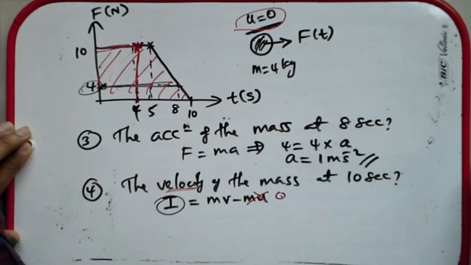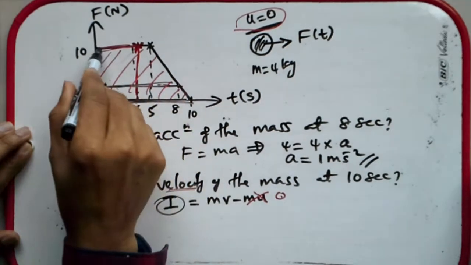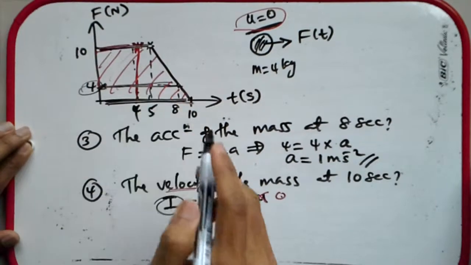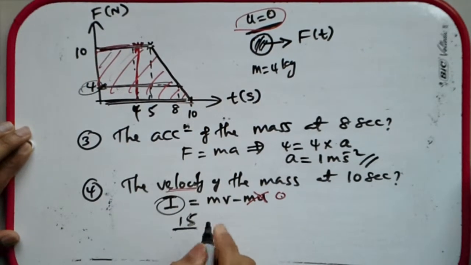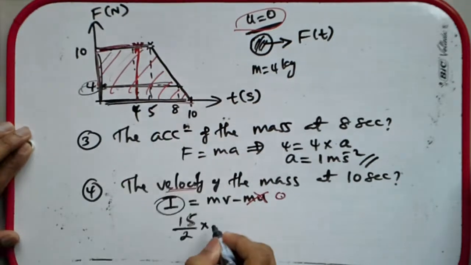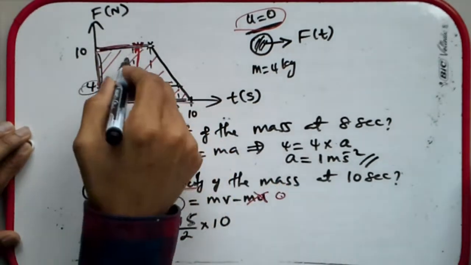How do you find the area? So this is 10, this is 5, so you have to add two parallel sides. 5 plus 10 is 15. 15 by 2 multiplied by the height. The height is 10. So this is the area. So area gives you what?